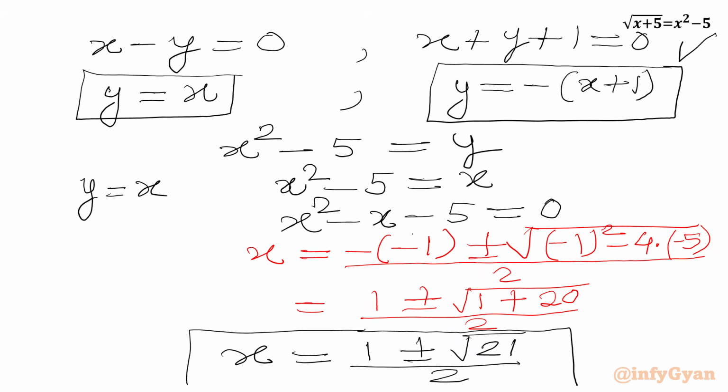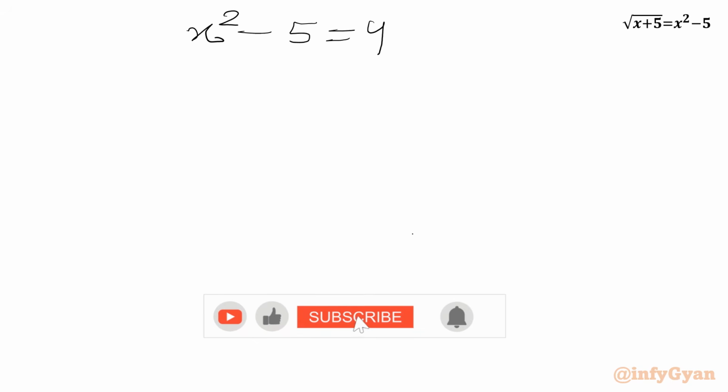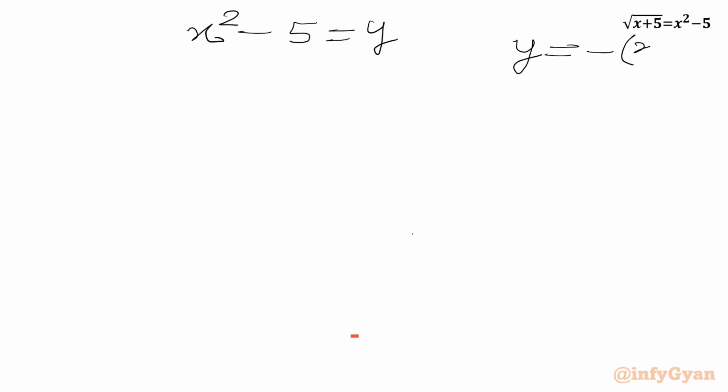Now we will take up y equal to minus of (x plus 1). So we can write x squared minus 5 equal to y. Here y is minus of (x plus 1). Let's put the value of y over here.